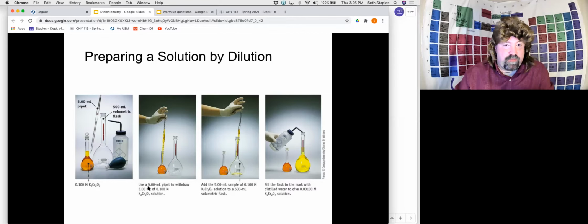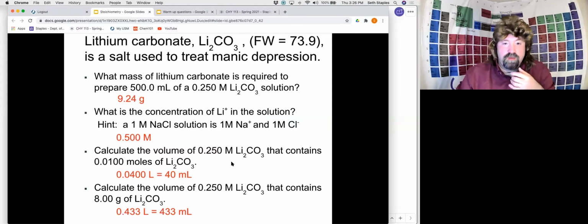Here they figured that we needed 5 milliliters of the original solution. We take that 5 milliliters, in this case using a volumetric pipette, and transfer it into our 500 milliliter volumetric flask. This is the same thing as transferring that 6.47 grams in, the same exact idea.